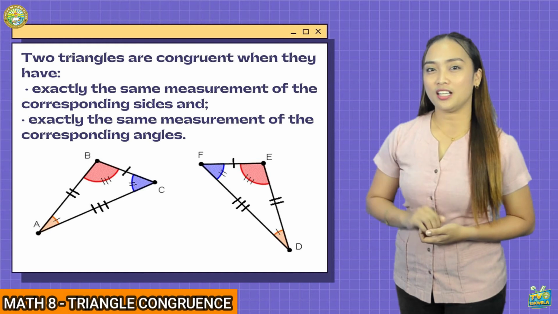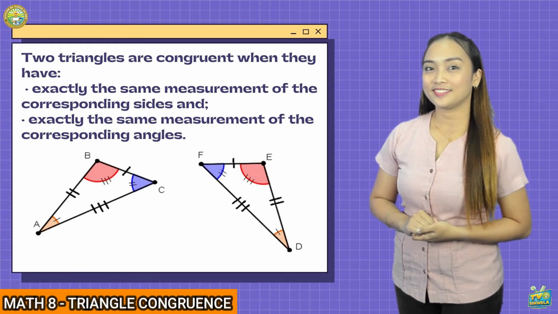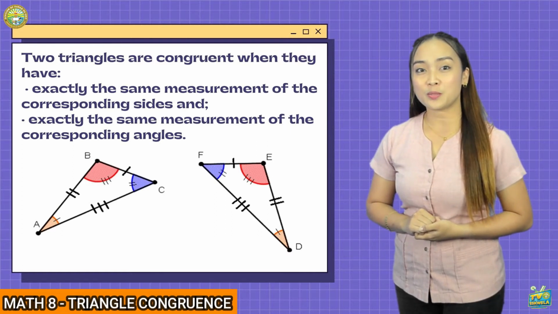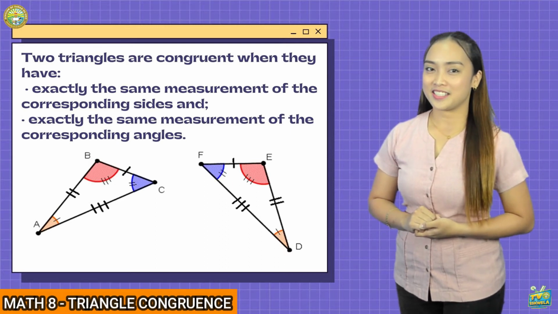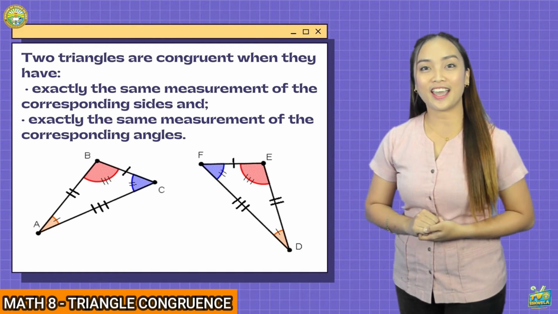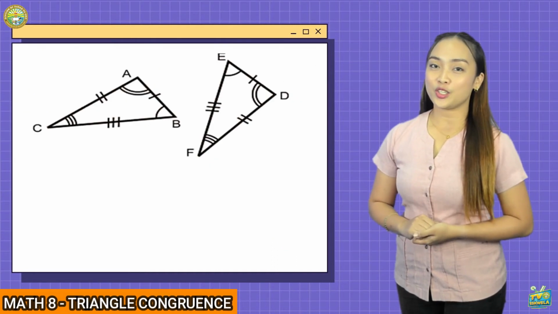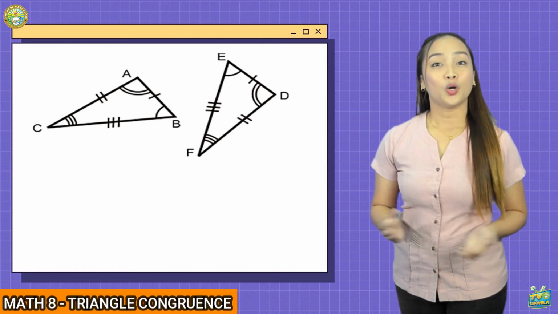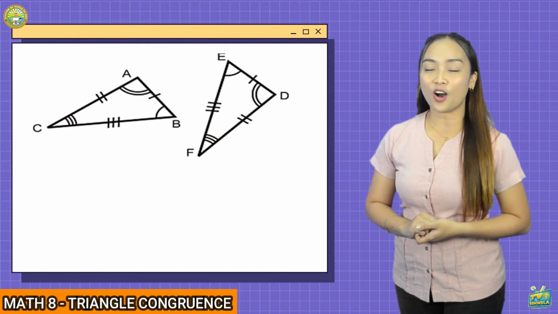Two triangles are congruent when they have exactly the same measurement of the corresponding sides and exactly the same measurement of the corresponding angles. Now look at the two triangles on the screen. We can say that these two triangles are congruent.